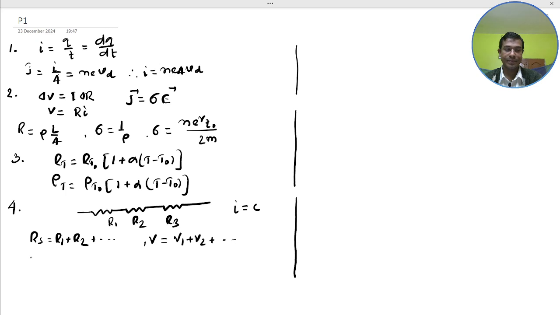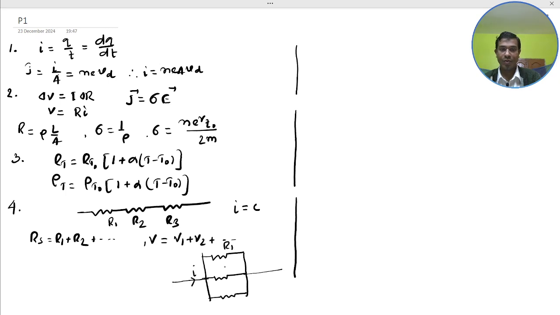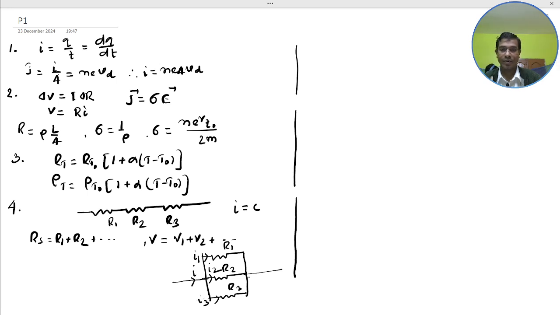In parallel format, this is R1, R2, R3, and the current going through it is I. Here the currents are I1, I2 and I3, and the total is I. Here V is the same.